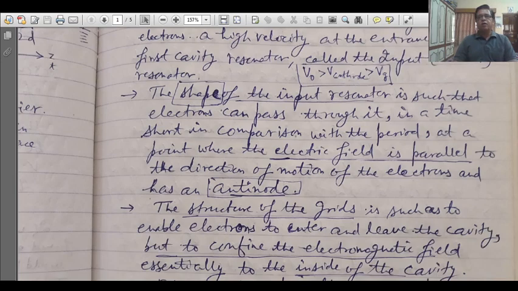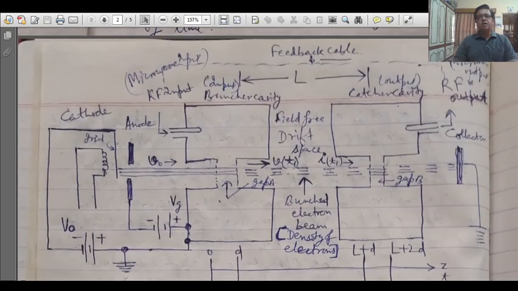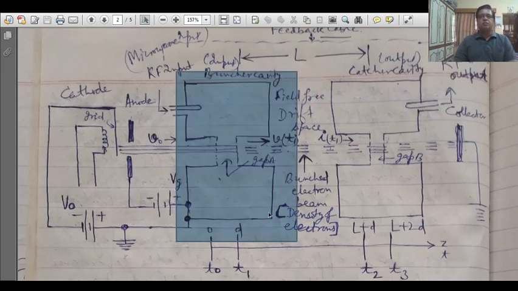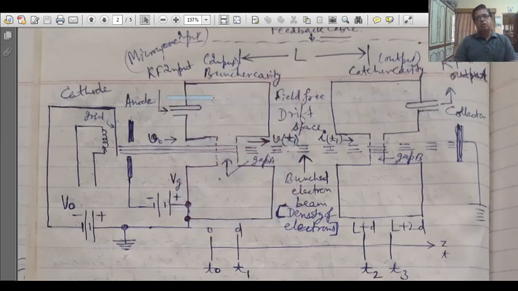After that you can easily see here, this is the buncher cavity or input cavity, where RF input or microwave input is given through coupling, and this space is known as the field free drift space, where the bunched electron beam, or density of electrons, forms due to velocity modulation.